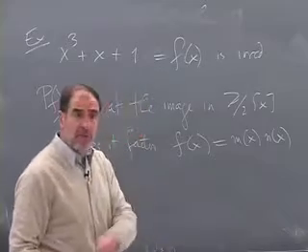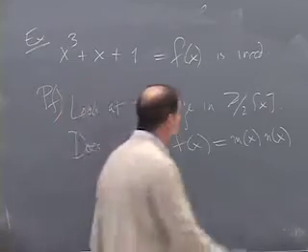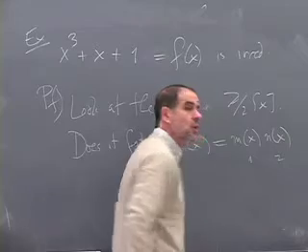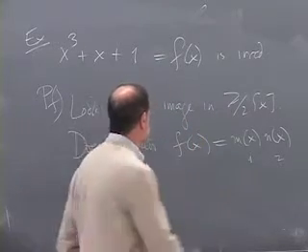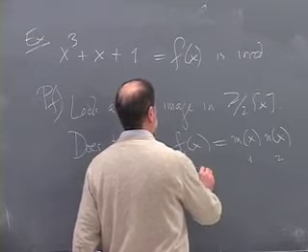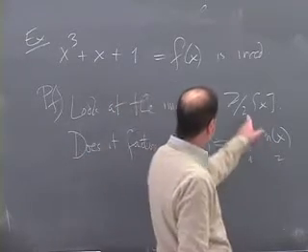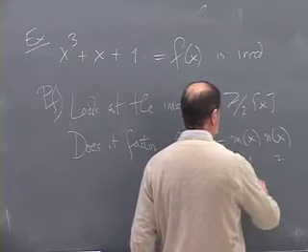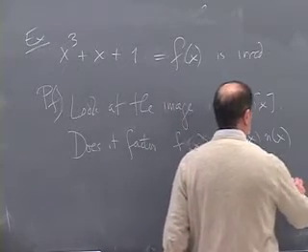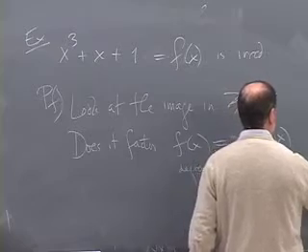If I had a non-trivial factorization, one of these would have degree 1 and one would have degree 2. You have to add up to degree 3. So if it factored in Z mod 2 of x, one of these would be of degree 1, so it would look like x plus a, and the other would be x squared plus bx plus c.